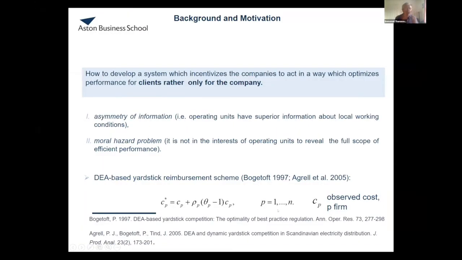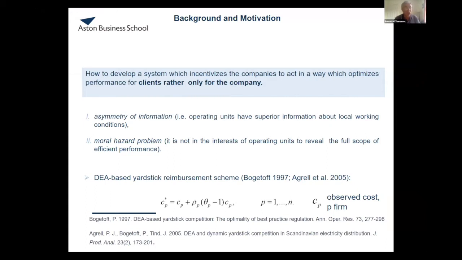The underlying motivation for the work is that in regulation, you have the regulator on the one hand, who is safeguarding the interests of the consumers, and the companies on the other side, who obviously may be socially minded, but their main stakeholders are the owners for whom they want to maximize profit.